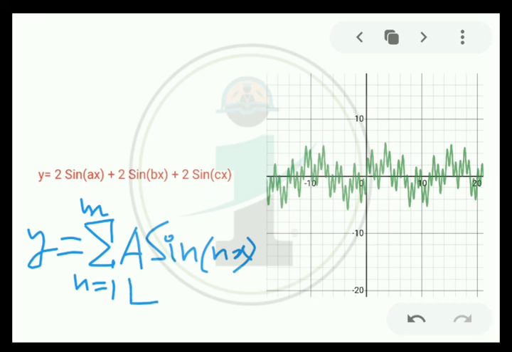Here I have taken the amplitude part equal to 1. So we can write that y equals the sum over n equals 1 to m of sine of nx. And now I am varying the value of m. Let's check the video and it will be better understandable for you.